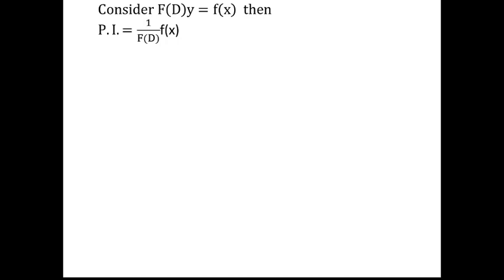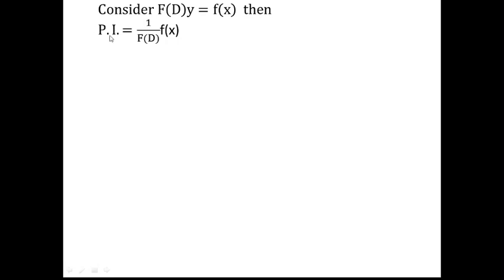Dear learner, we have seen that depending upon the nature of the input function, that is f of x, we have different cases to find out the particular integral. So far we have seen two different cases.